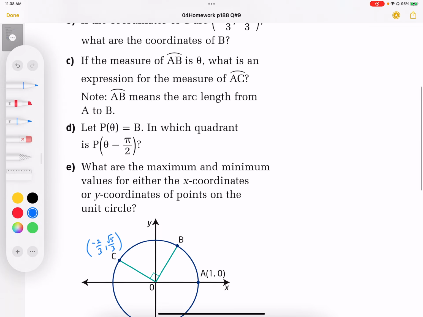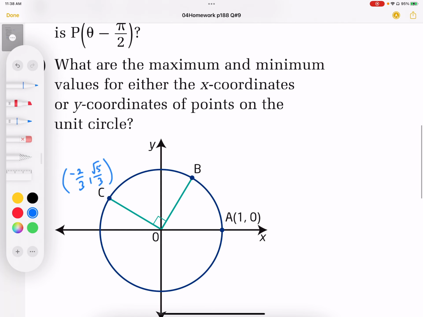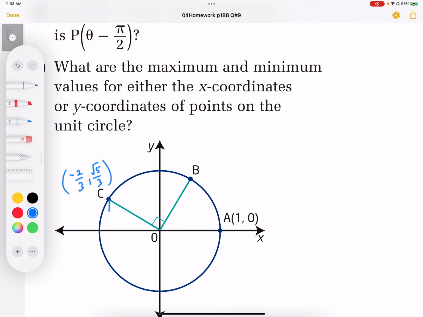And it says here, what are the coordinates of B? Well, the coordinates of B are going to be based on this triangle here. And if you notice, this triangle that I'm outlining in blue is the exact same triangle, but in a different orientation, that I'm going to use for B. And I can see that the vertical length of the blue triangle is now the horizontal length of the red triangle.